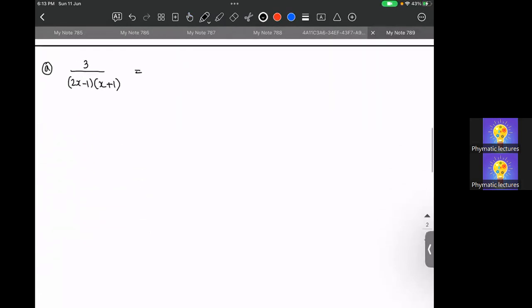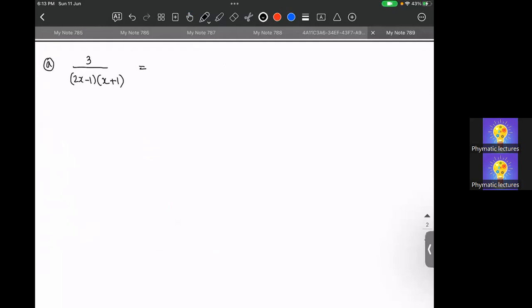Well, you can see here in the denominator especially, this denominator is a product of two linear factors. So if it is a product of two linear factors, what is the rule in partial fractions? We must write it in this form: A over 2x minus 1 plus B over x plus 1. Correct? Now we just take the LCM of our right hand side and add these two fractions.